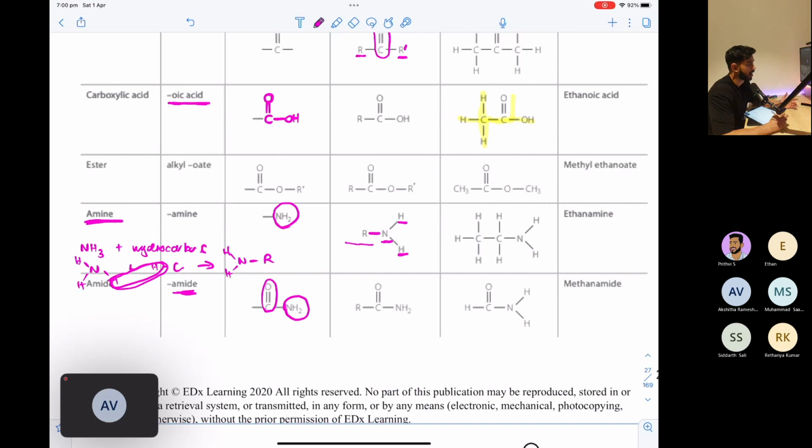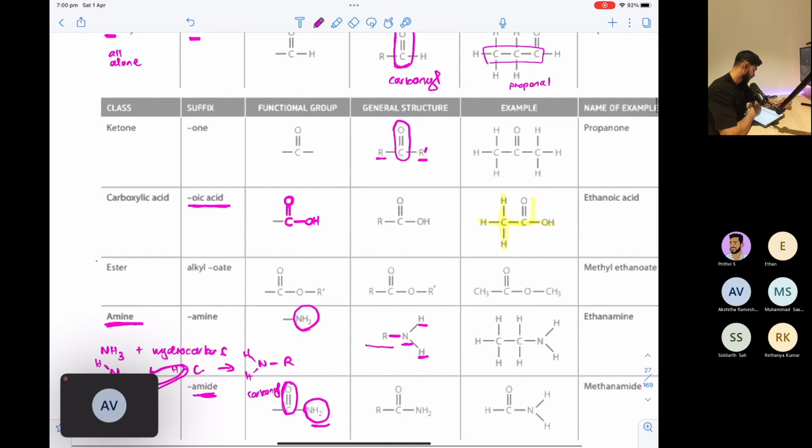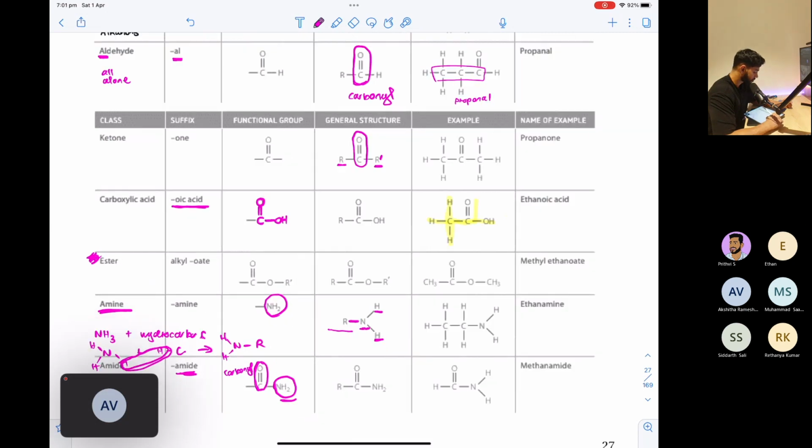As long as you can appreciate, yes, this is an amine, and up here is a carbonyl, and this must make an amide. Okay. Now, to talk about esters, we'll come back to esters, and the reason being, you need to first understand the other functional groups before you can understand how an ester is made. Okay. Any questions so far?